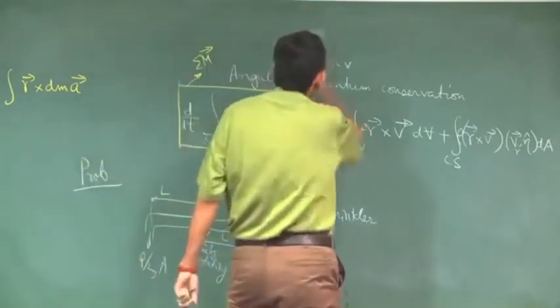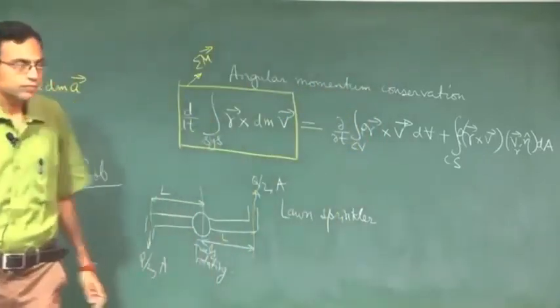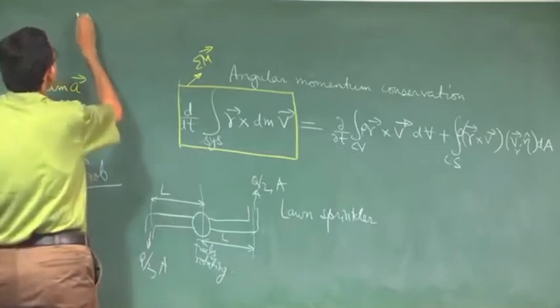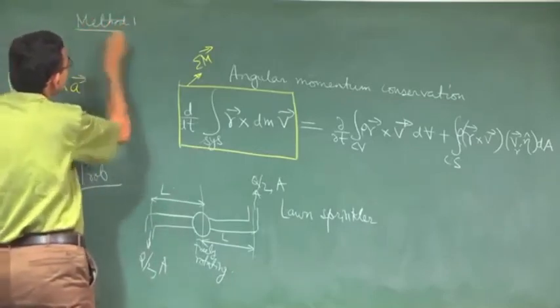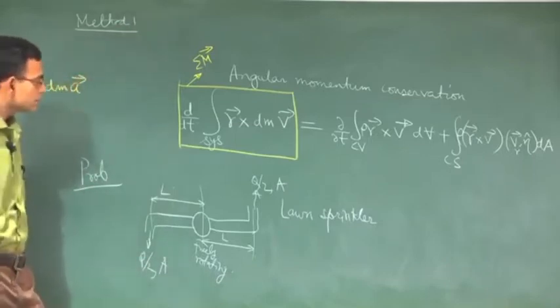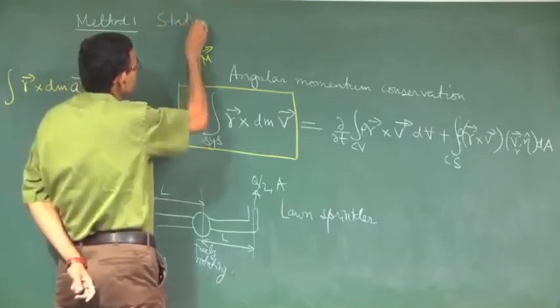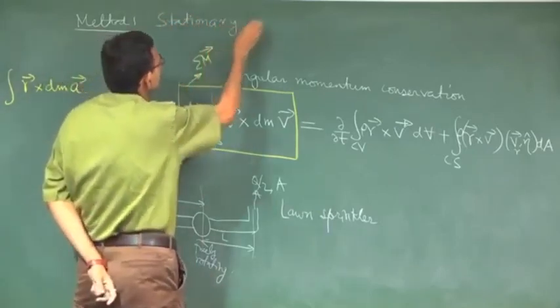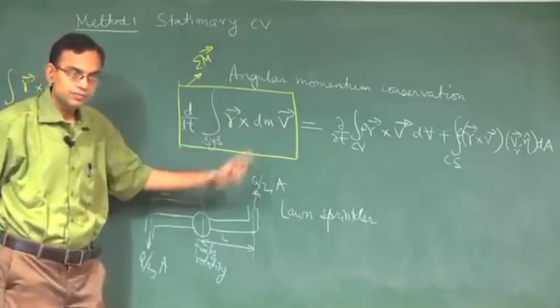So first what we will do is, we will consider method 1: stationary control volume. Then we can write this equation.